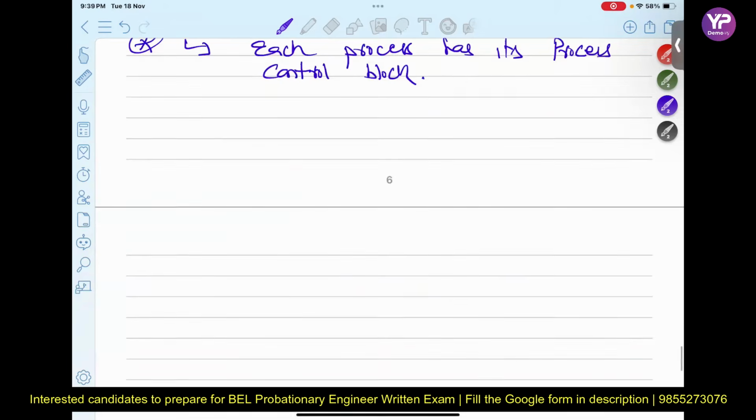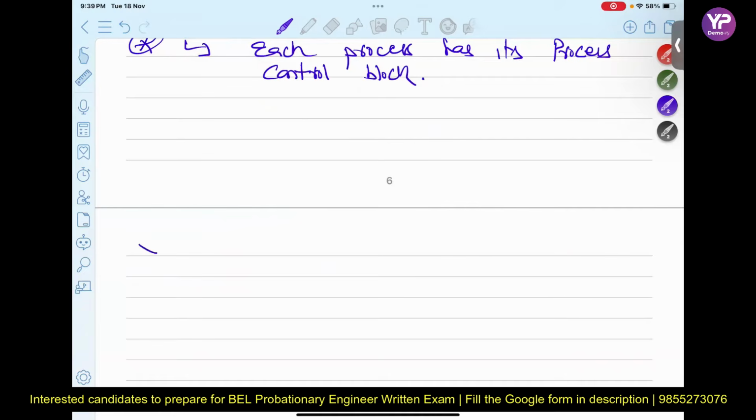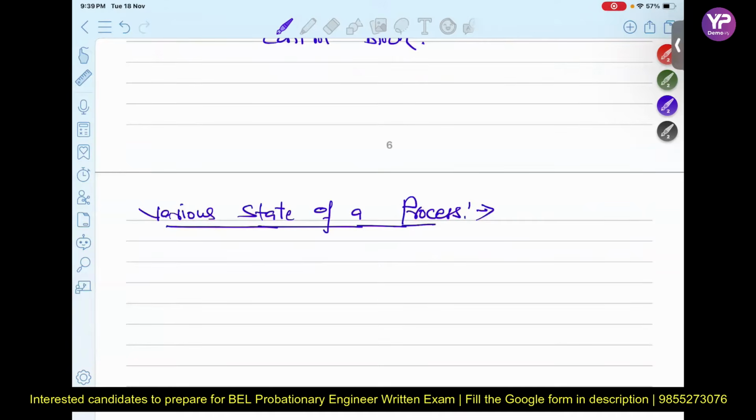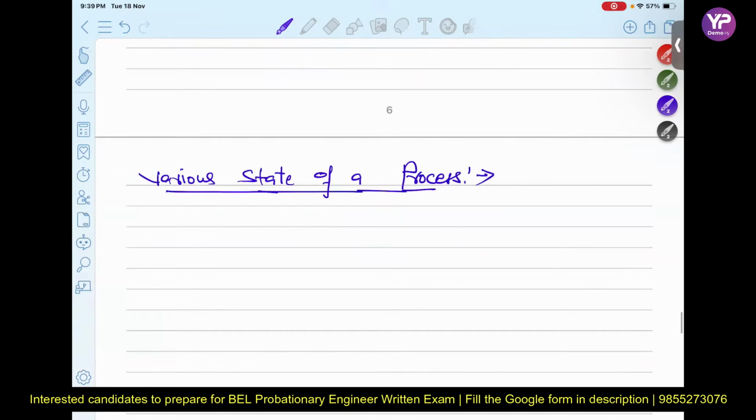Now let's talk about the states of a process. Again, a very important topic. Various states of a process. We are going to discuss some of the states, but before that, I'm creating a diagram.